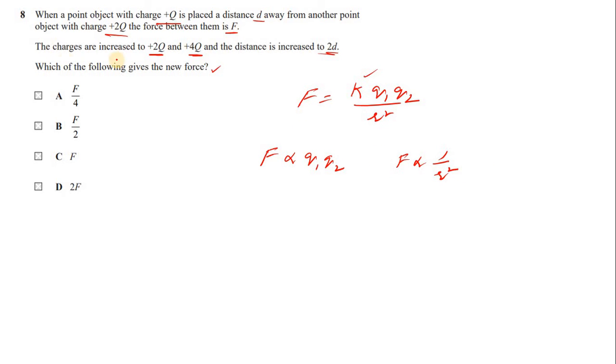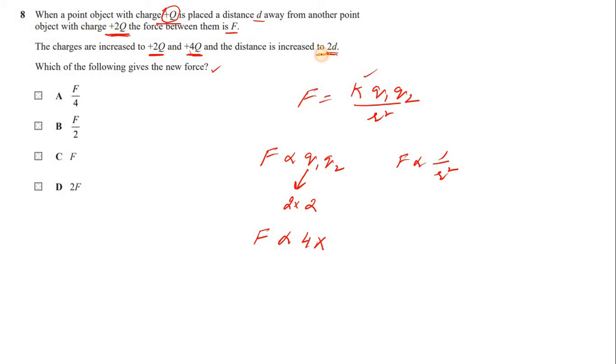According to the condition, previously one charge was plus Q, now it is plus 2Q, and the plus 2Q becomes plus 4Q. So both of the charges are doubled. Q1 is doubled, and Q2 is also doubled, from plus 2 to plus 4. So overall the product, and hence the force, is 4 times.